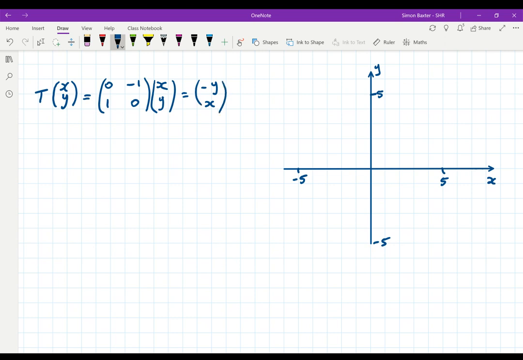So in this case, the point (x, y) becomes the point (-y, x). If I start with A, the point (4, 1), this is mapped onto A dashed, (-1, 4). Minus the y-coordinate, and the x-coordinate appears at the bottom: (-y, x). So A is at (4, 1), A dashed is at (-1, 4).